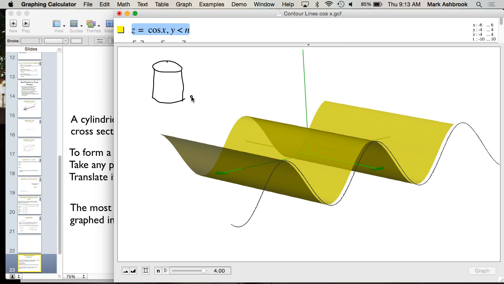Did I just change your thoughts? Okay. Any planar curve can generate a cylinder by translating it normal to its plane. So that's the cylinder, or the surface, z equals cosine x. No matter what y is, you get the same thing, z equals cosine x for every y. Make sense?